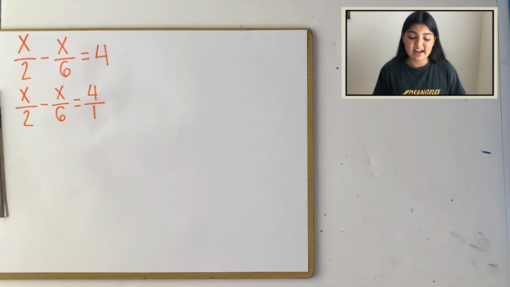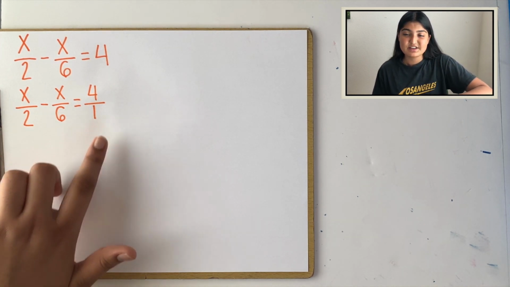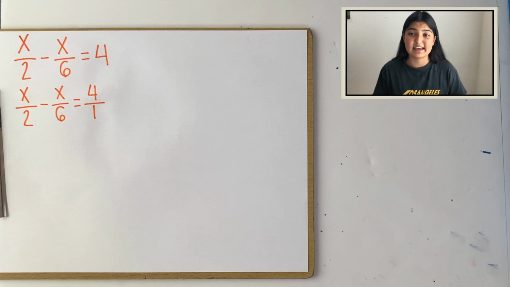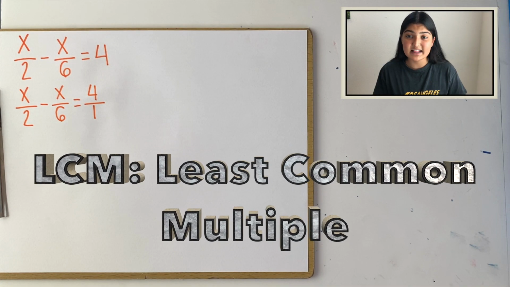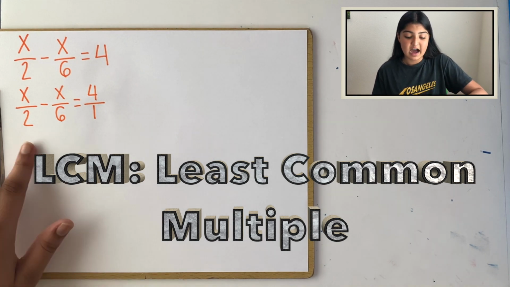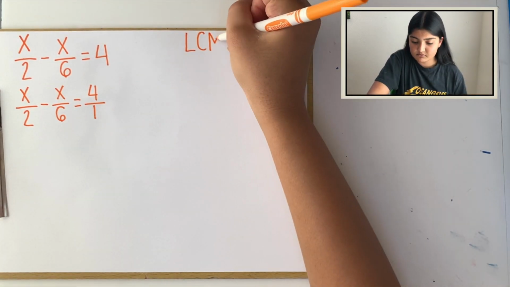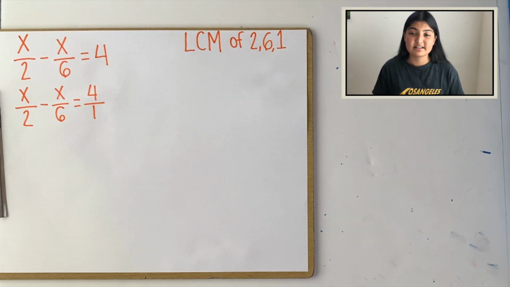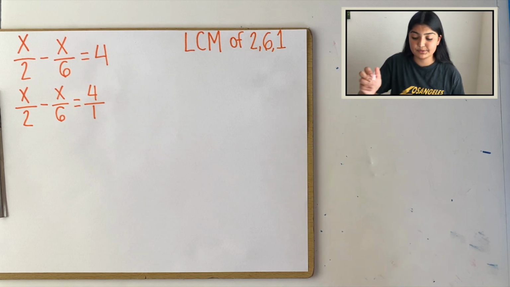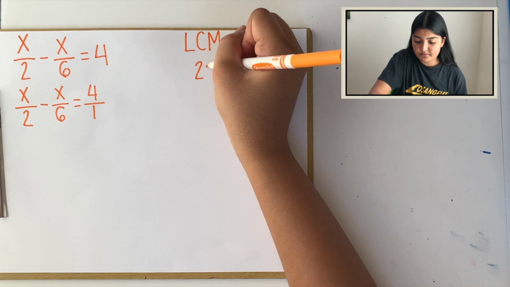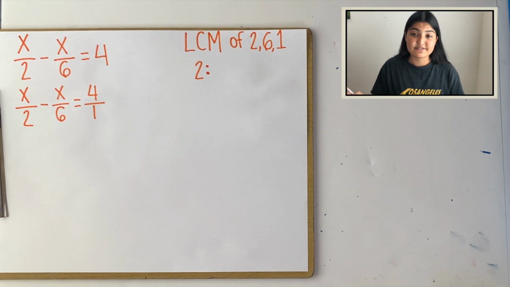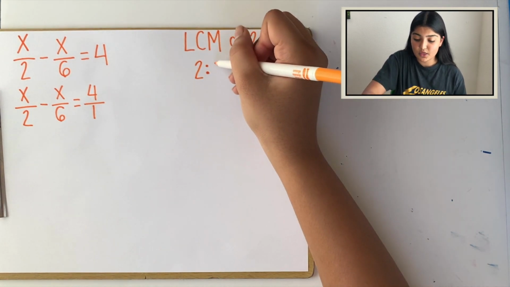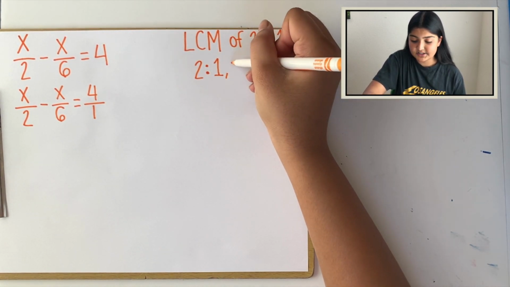Now, we want to get rid of these fractions because they look a little confusing and complicated. So, let's find the LCM, or the least common multiple of these denominators. We can start by writing the factors for each of these numbers, starting with 2. The factors of 2 are 1 and 2.